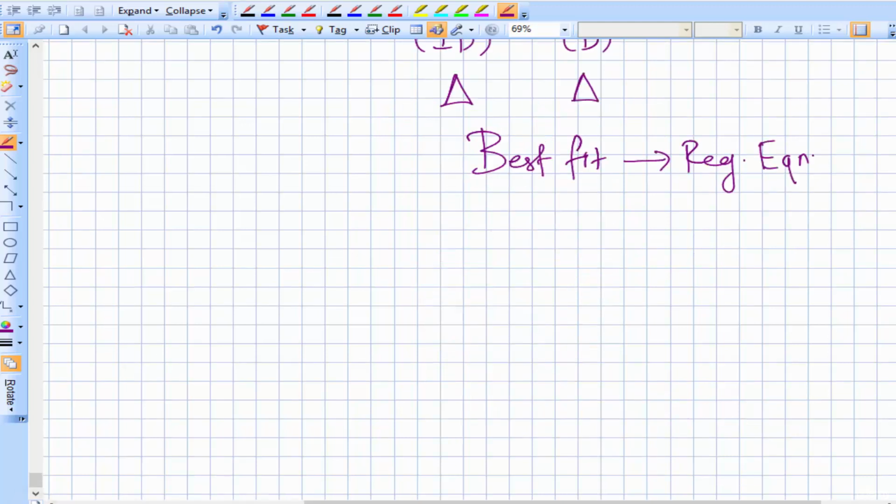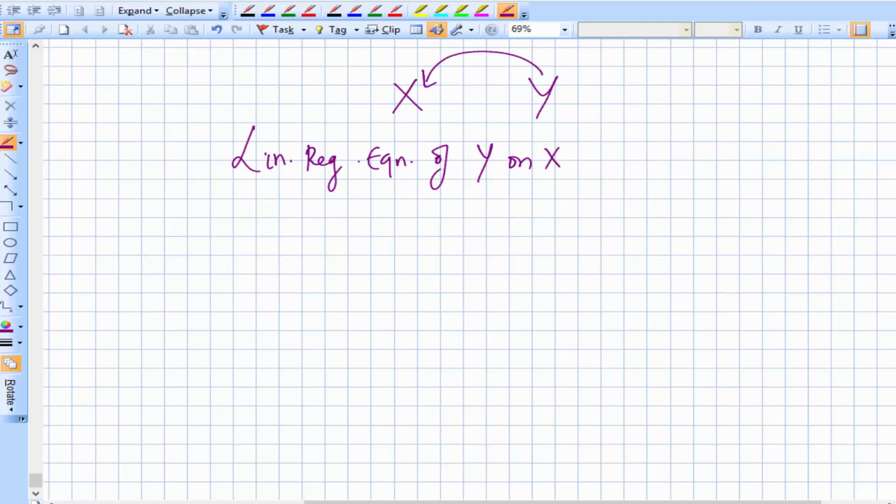Now, let's try to take it further. We know that we had two variables, x and y, and we said y is dependent on x. So I'll call it the linear regression equation of y on x, that is, y is dependent on x.